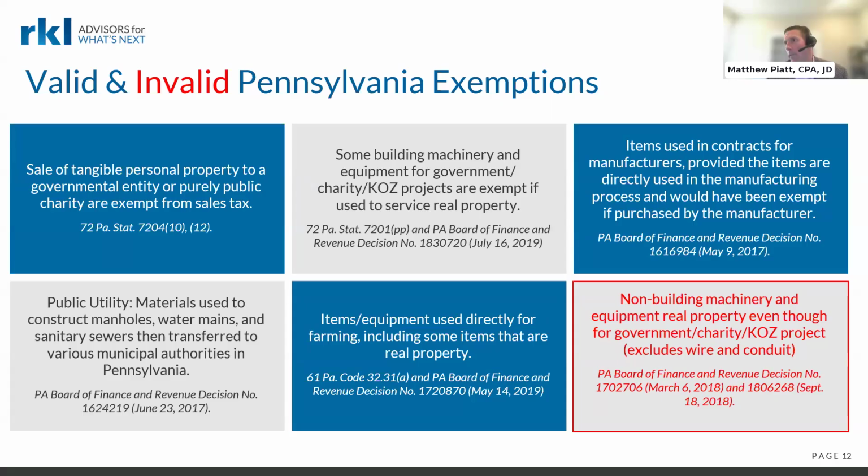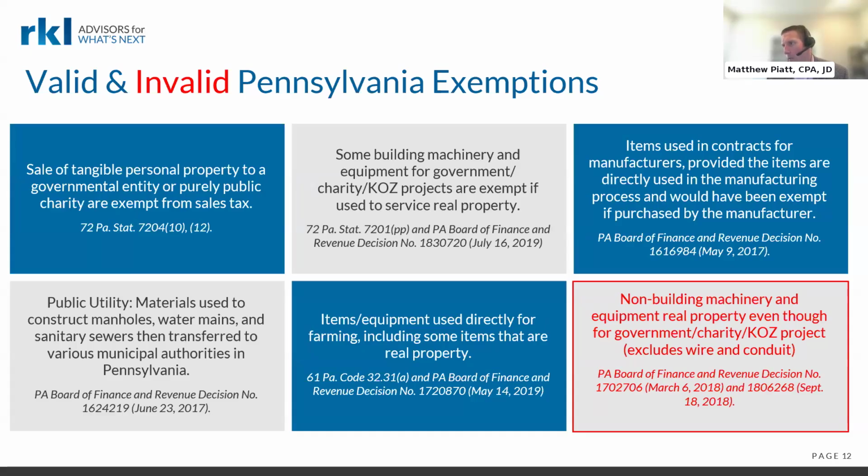Whether something qualifies as that is another issue in and of itself. But if someone's providing you that exemption certificate, that is valid if it looks reasonable to you and the exemption certificate is completely filled out, etc. Items and equipment used directly for farming, including some items that are real property. So farming is another valid exemption.